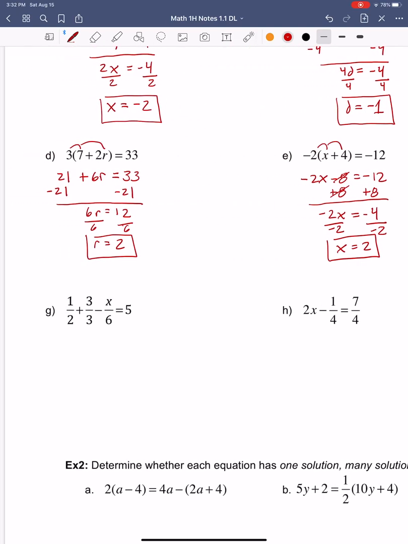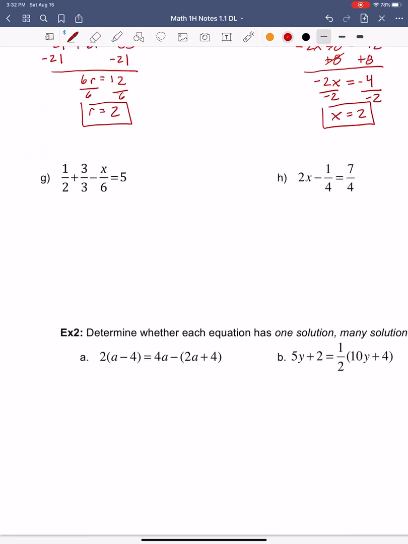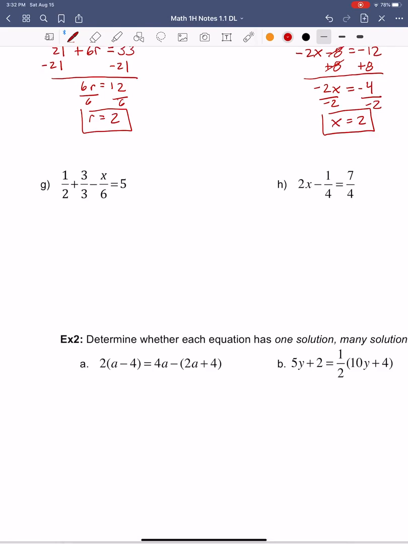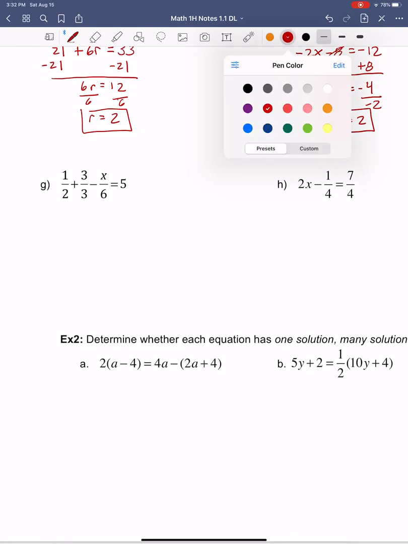All right, keep going here. Now we get to letter G, and this is where we start to have some fractions. And so we're going to use that fraction bomb method, and you don't have to use this if you don't want to, but I think it's convenient because it helps you to eliminate the fractions. So the first thing I'm going to figure out is what is the LCD, the least common denominator.